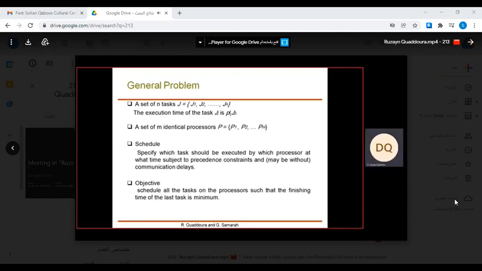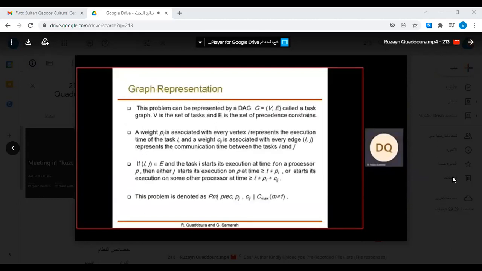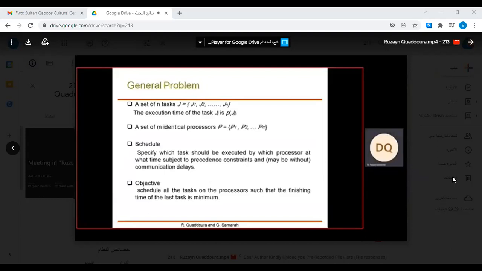One of these criteria is to specify which task should be executed by which processor, subject to precedence constraints, and maybe with or without communication delay. The objective in this criterion is to schedule all tasks on the processors such that the finishing time of the last task is minimum.